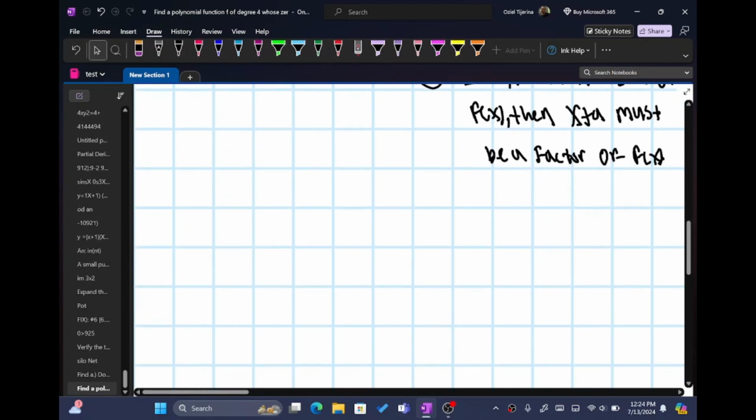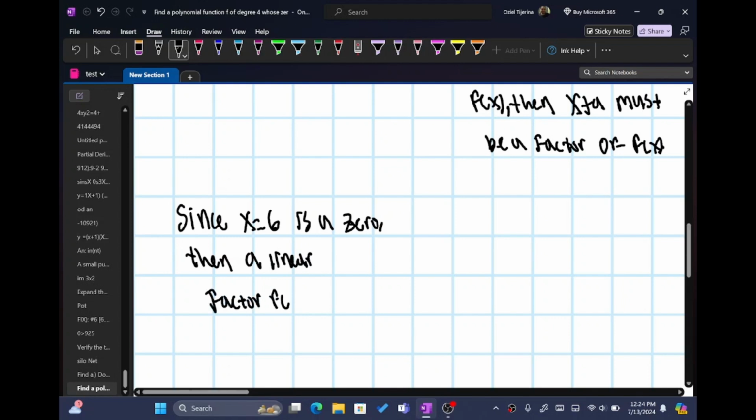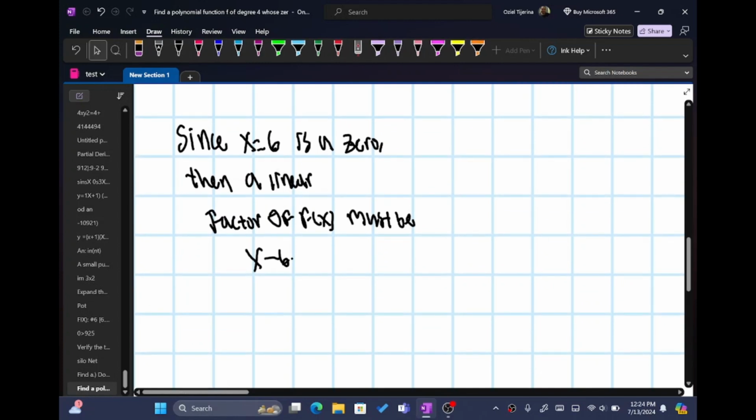The way we would do this is that since x equals 6 is a zero, a linear factor of f of x must be x minus 6. Okay, so we know that is one of the linear factors.